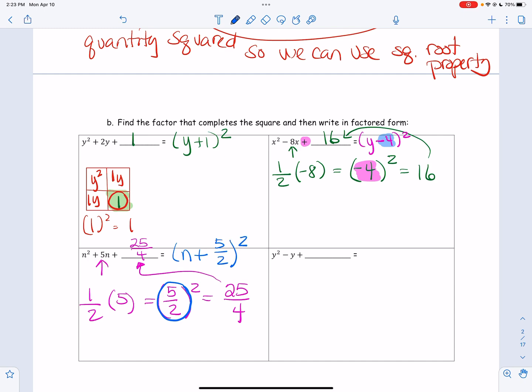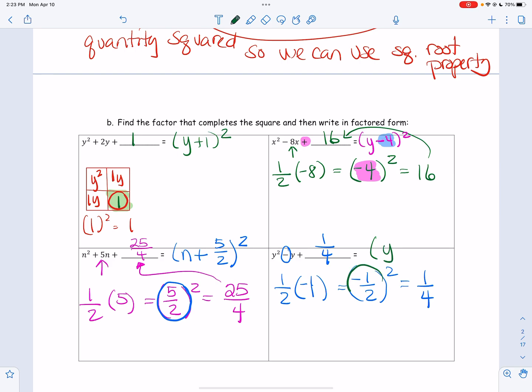So the next one is half of the coefficient in front of the y, which happens to be -1. And that's -1/2. And then you square it, and that gives you positive 1/4. And so when you factor it, y, whatever this number is here, -1/2 squared.